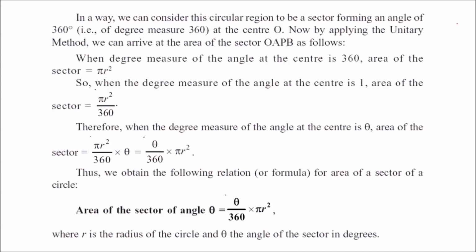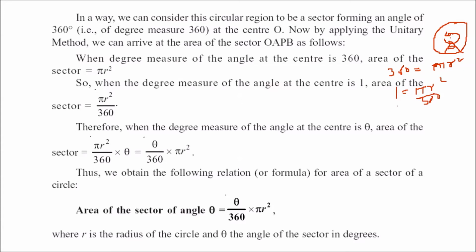For a circle, the complete area is pi r square. If we travel from here all the way around, that is 360 degrees. So for 360 degrees, the area is pi r square. For 1 degree, it is pi r square by 360.